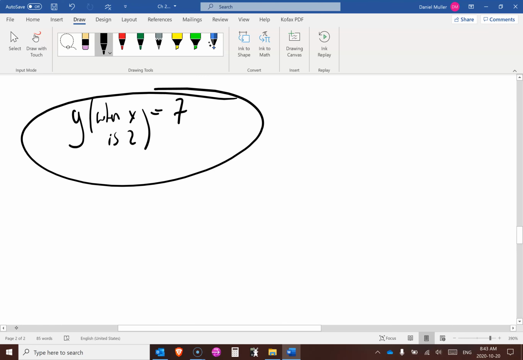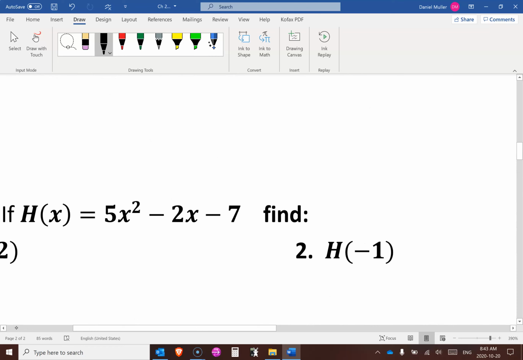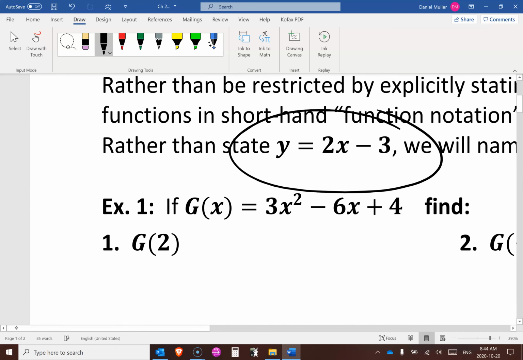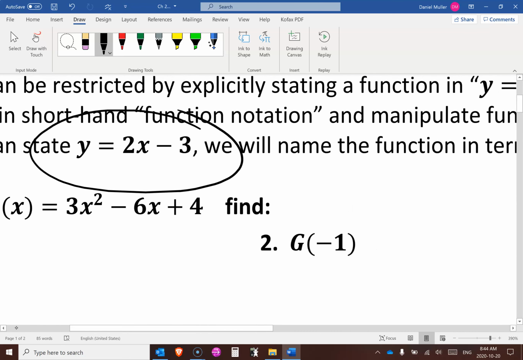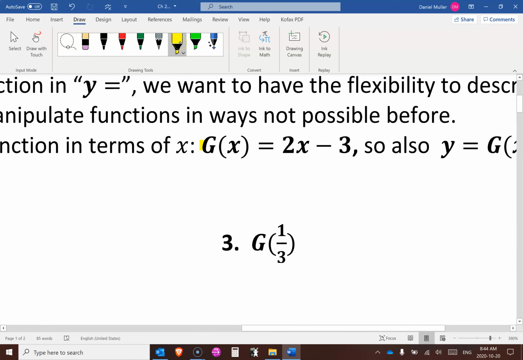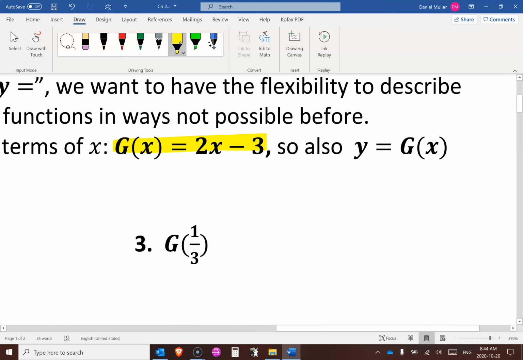And so that's what we're going to do here. We're going to do something with function notation. Normally we would write things like this, y equals 2x minus 3. But we're not going to write it like that anymore. We're instead going to write it like this, g of x equals 2x minus 3. So this is not g times x.